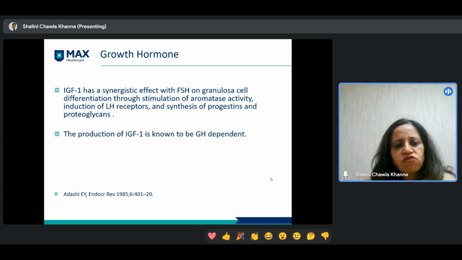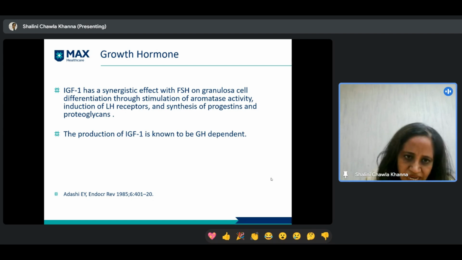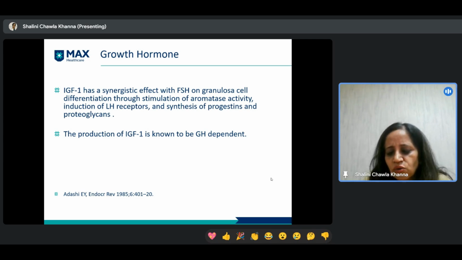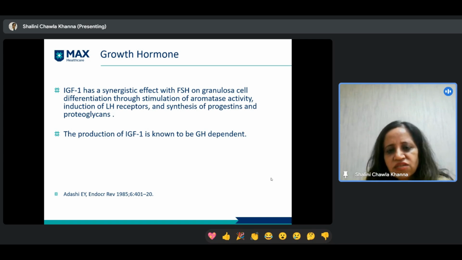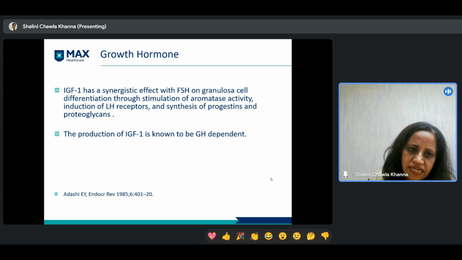Now, growth hormone, like we all know, insulin growth factor helps in the recruitment of the FSH receptors on the granulosa cells, their differentiation through the aromatase activity, induction of LH receptors, and synthesis of progestins and proteoglycans. And this insulin growth factor 1 is dependent on the growth hormone. So that is why growth hormone plays an important role. It doesn't play a direct role, but indirectly, by stimulating insulin growth factor 1, it plays a role.